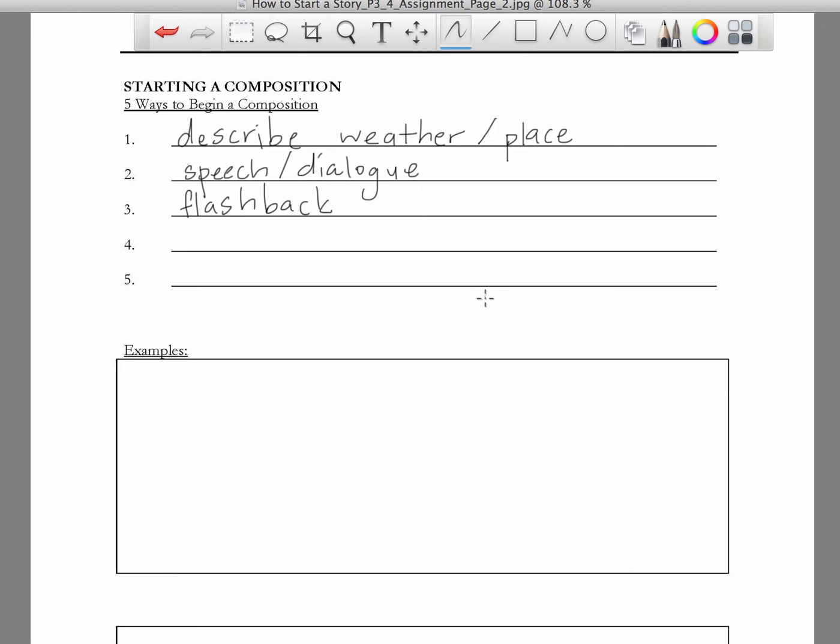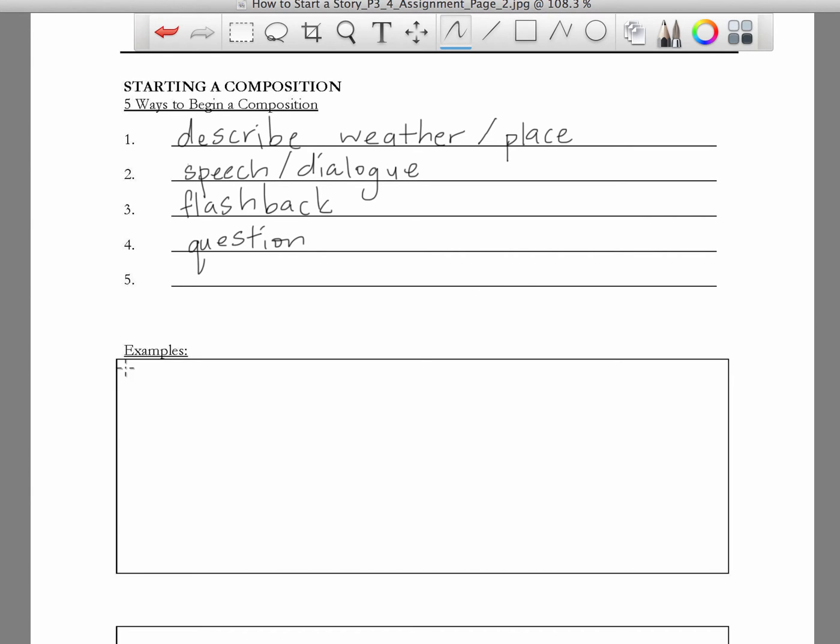Then after that we will start the story proper. You can do it through flashback or even through a question. Like, have you ever done something that you regretted because you didn't listen to someone's advice and something bad happened? Then this is a case of that happening.